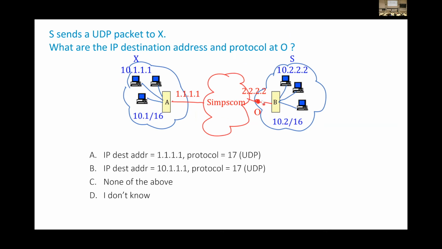So assume, for example, we do a Wireshark capture at this point here. What would be the IP destination address and the protocol that we see at this point here?